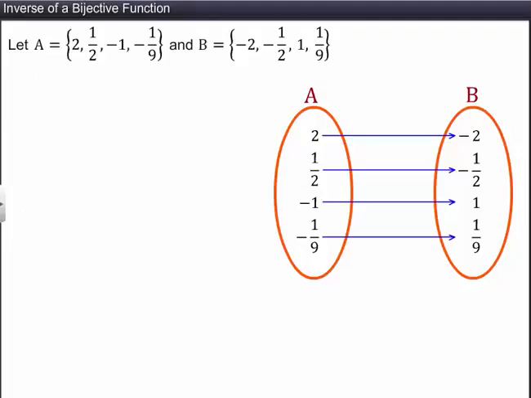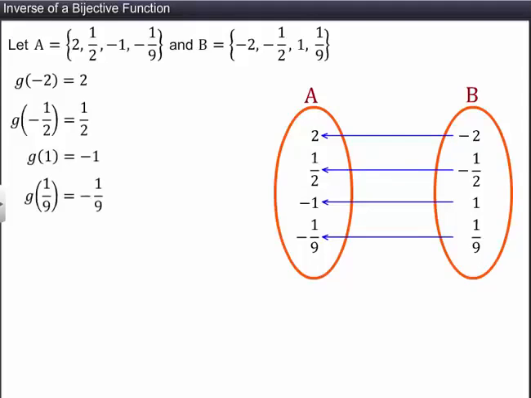Now, let's define a function g from B to A such that it maps the numbers in set B to their additive inverses. That is, g maps the elements of set B back to set A. Such a function g is known as the inverse of f. This discussion leads us to the definition of inverse function.